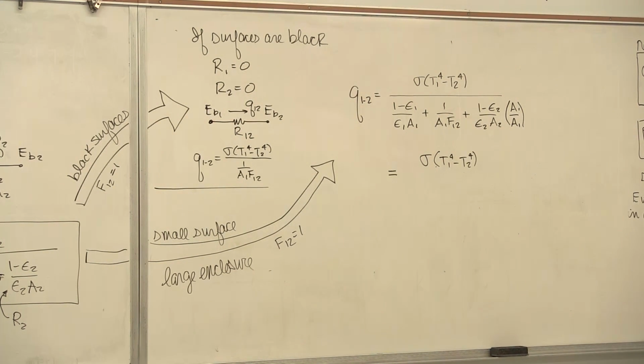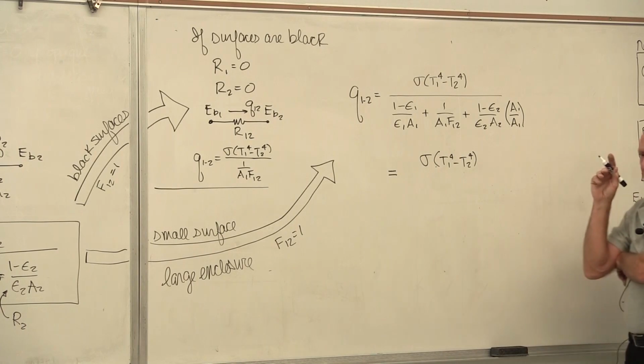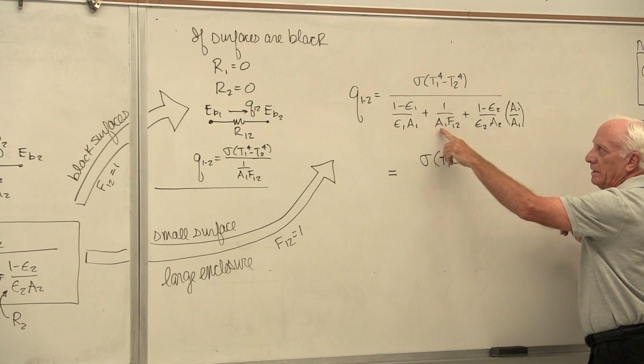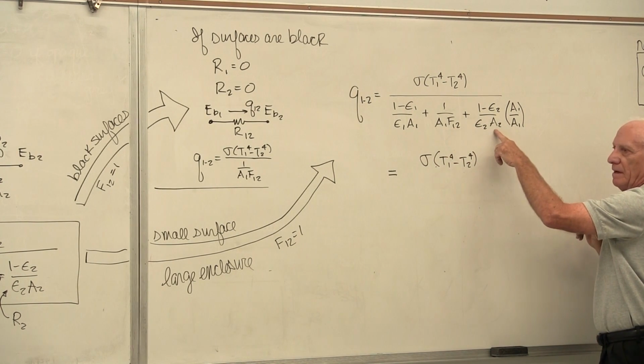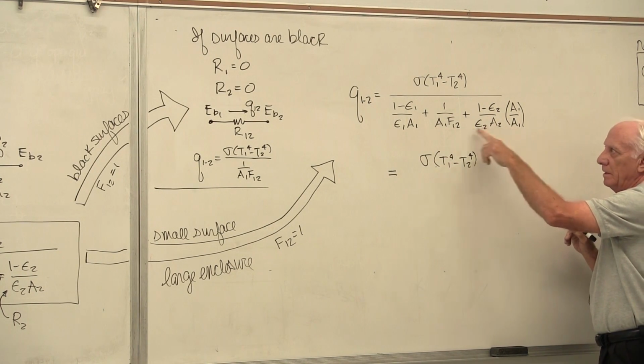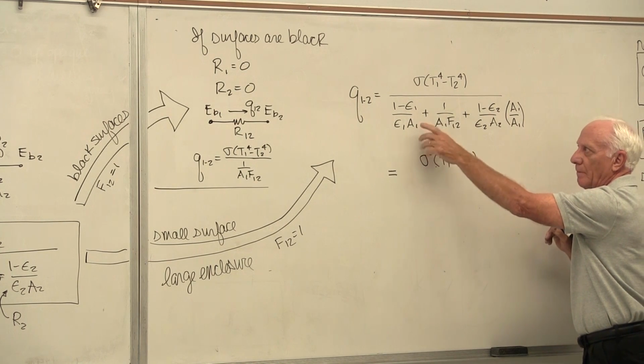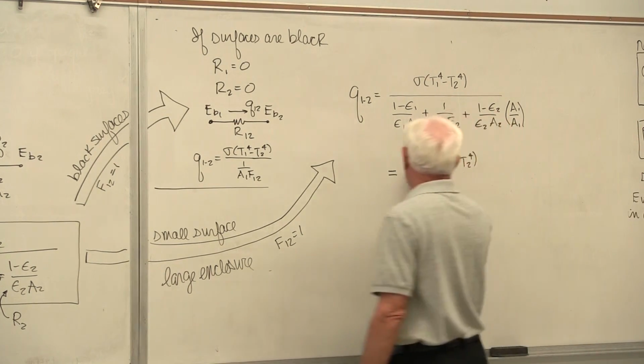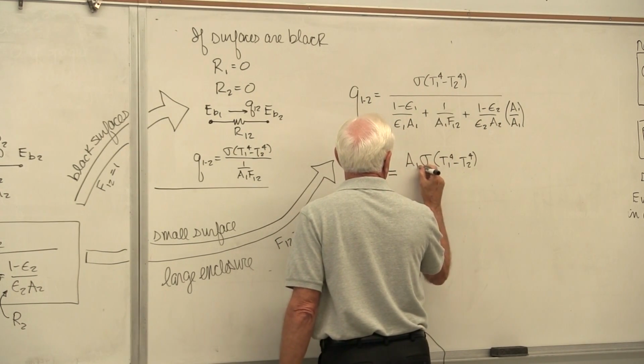I didn't change anything. Now I notice that there's an A1 in every term in the denominator. A1, A1, A1. Pull it outside. Flip it upstairs. A1.